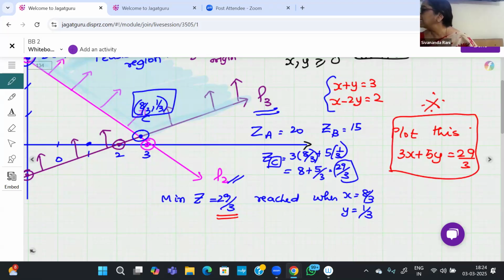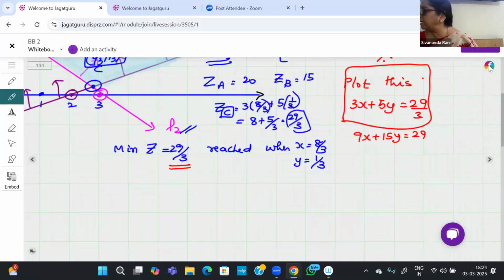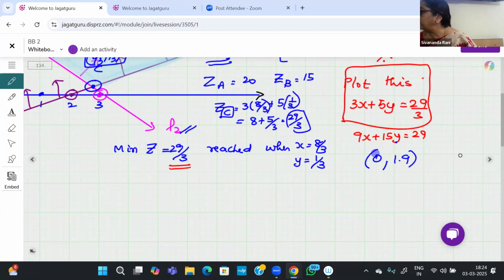Plot this line. This is nothing but 9x plus 15y is equal to 29. How do I plot it? Don't be bewildered by the huge numbers. Actually, it's very simple. When x is 0, y is 29/15, that is 1.9 something. And when y is 0, x is 29/9, about 3.2.